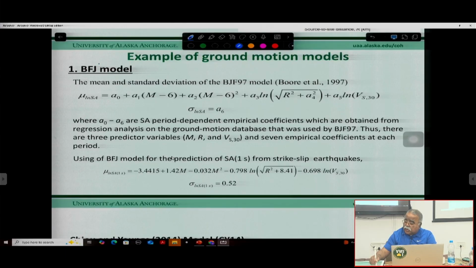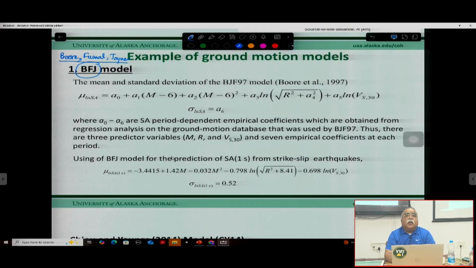This is one ground motion model relation. This is called the BFJ model. BFJ is Boore, Joyner and Fumal, who used stochastic inversion. So they have a model for the ground motion.